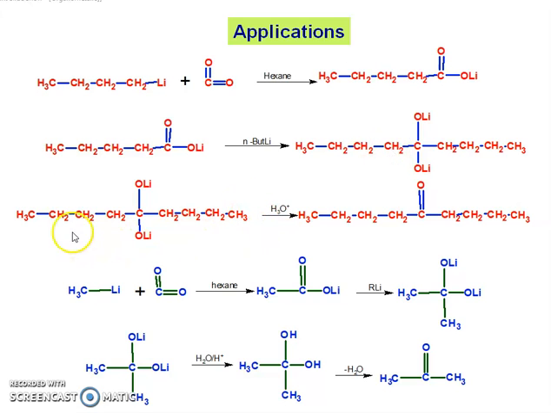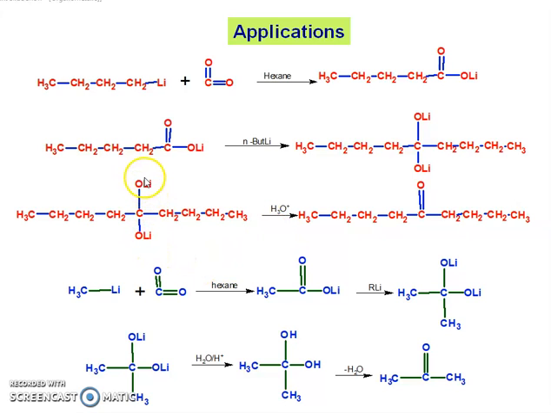These intermediates are treated with acid hydrolysis, with water. Both O minus groups are converted into OH by taking a proton from H3O plus.